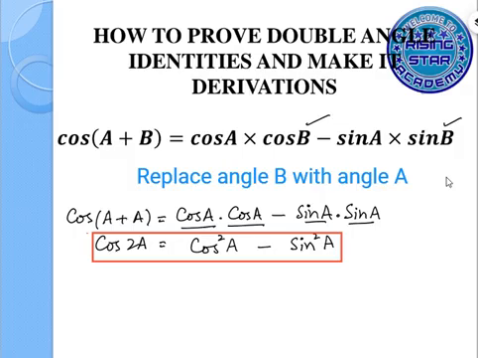Now from this identity we'll make another identity for the double angle, but before making the other one we will make a half angle from this. So we know that for making the half angle, I will divide the angle by 2.